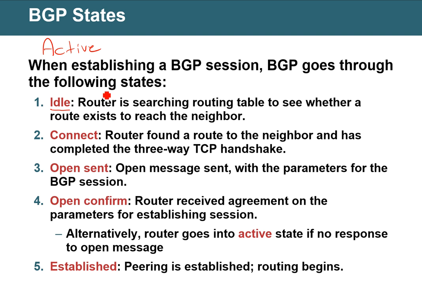You say neighbor 12.0.0.2. It will check whether I have a route to reach that neighbor. If the route exists, then it will try to do three-way handshake.